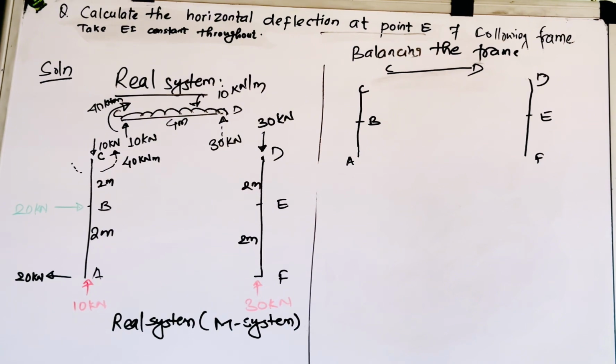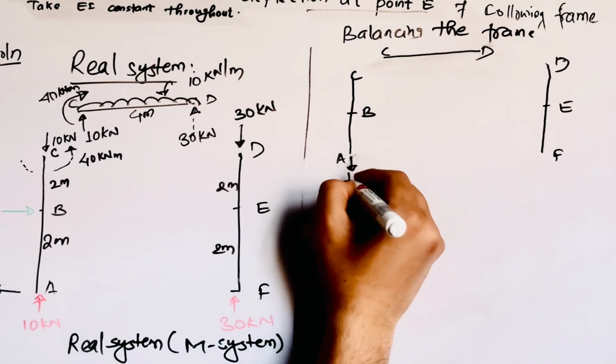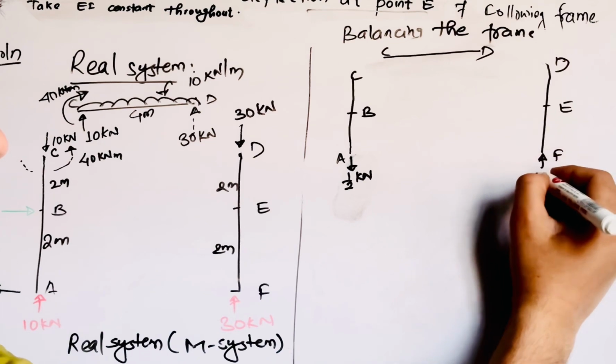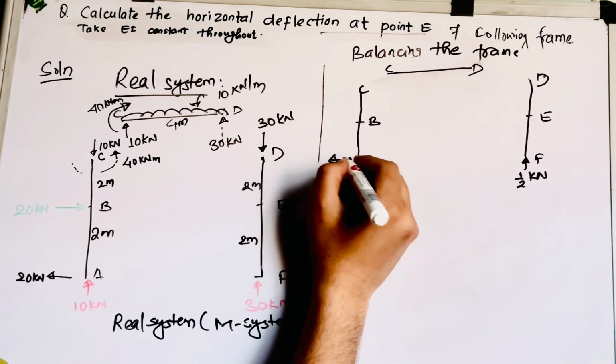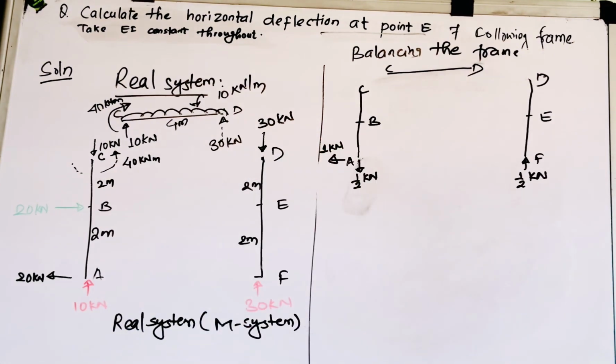So what reaction forces did you get? Acting downward at point F, there is half kilonewton acting upward, and at point A you got 1 kilonewton acting upward, right?